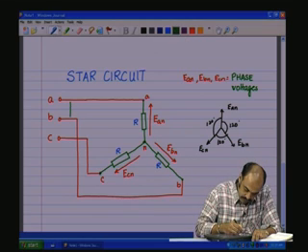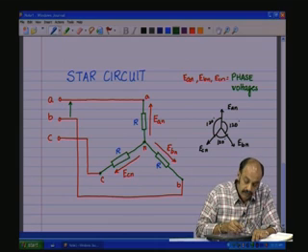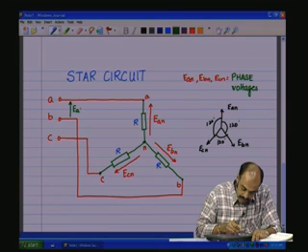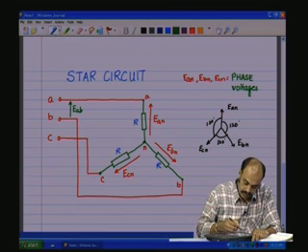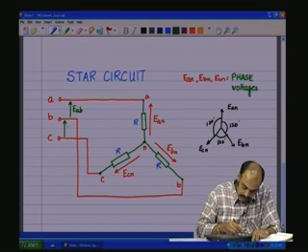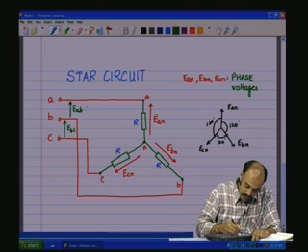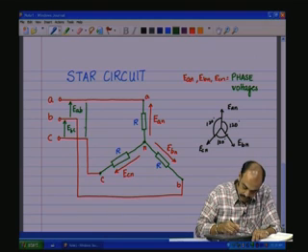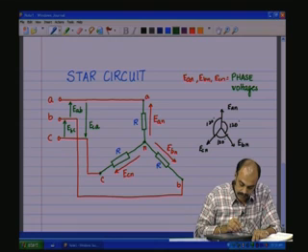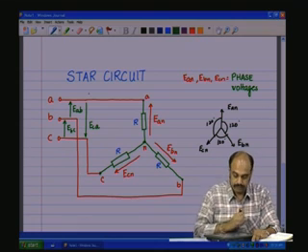This voltage between these two lines is called EAB, and this voltage is called EBC, and this voltage is called ECA, cyclically, A to B, B to C, C to A. Okay.